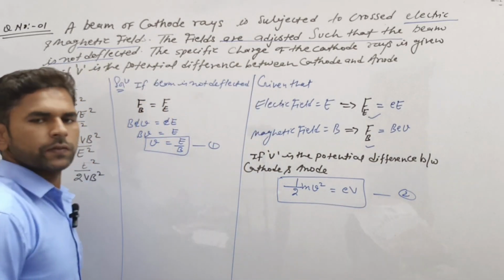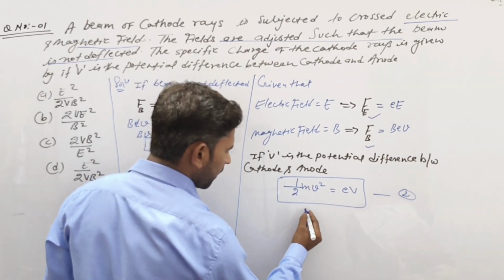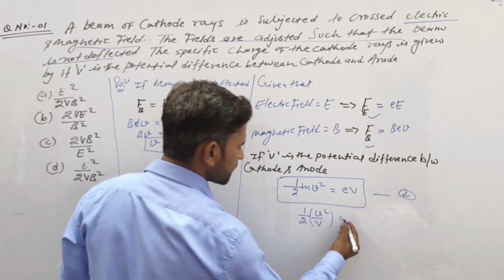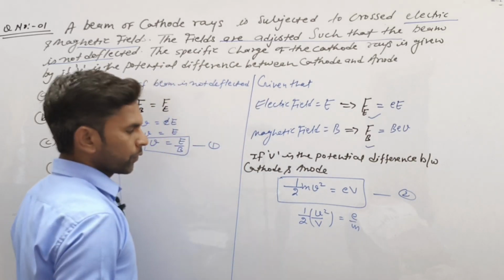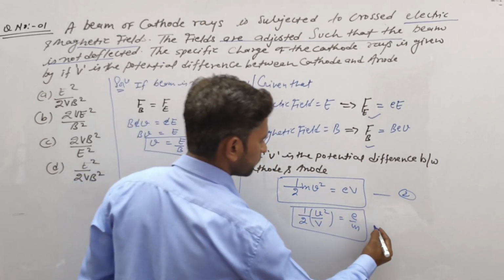You can adjust this value and keep it as half v square upon capital V is equal to e upon m. You can adjust like this.